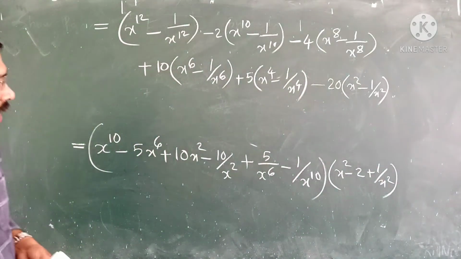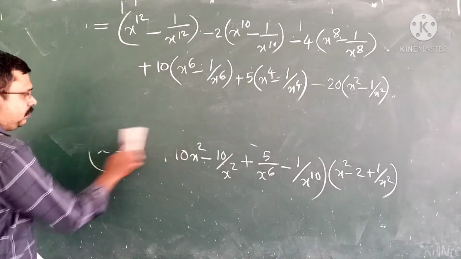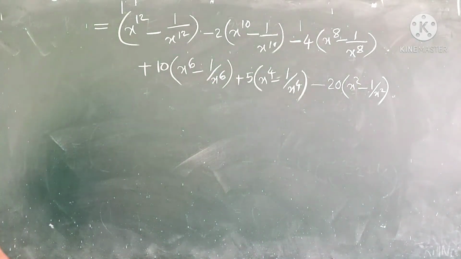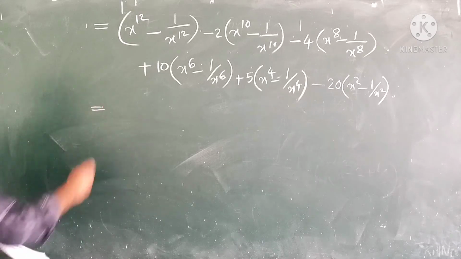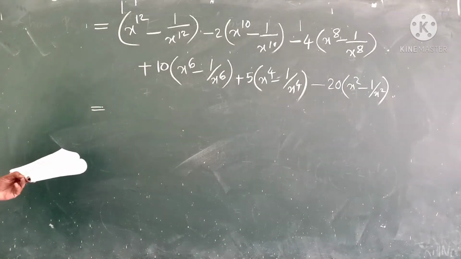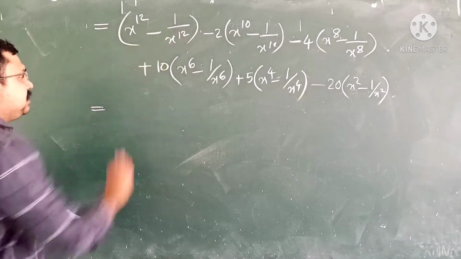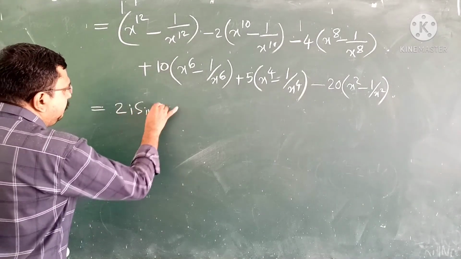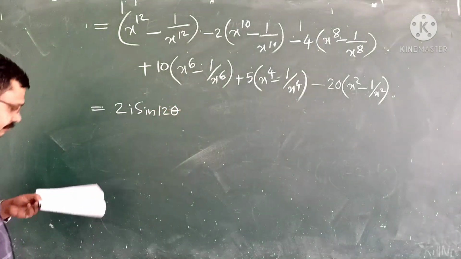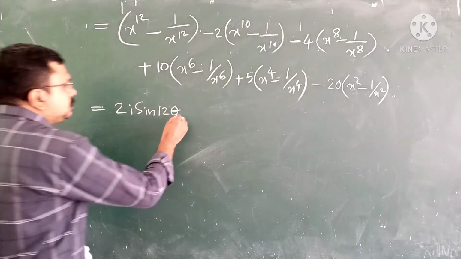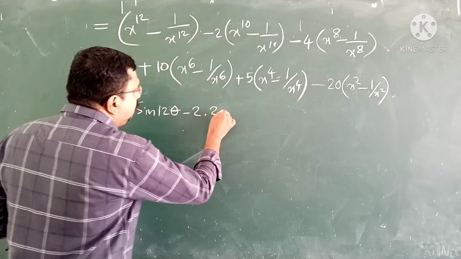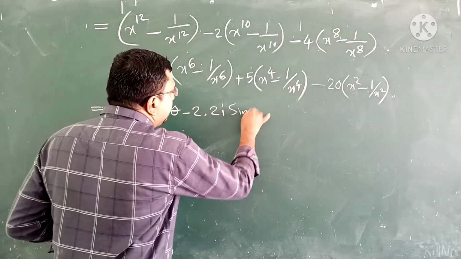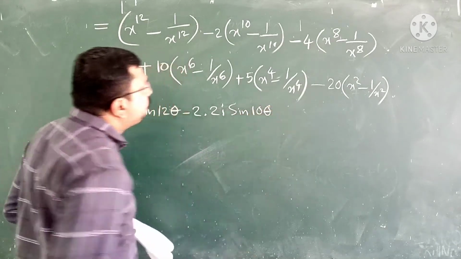Okay, that is, which is equal to x raised to 12 minus 1 by x raised to 12 is 2i sin 12 theta minus 2 into 2i sin 10 theta.